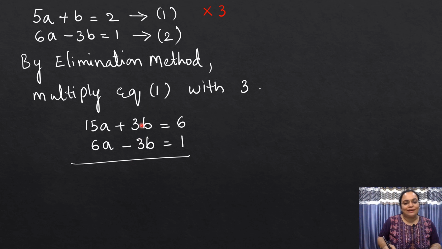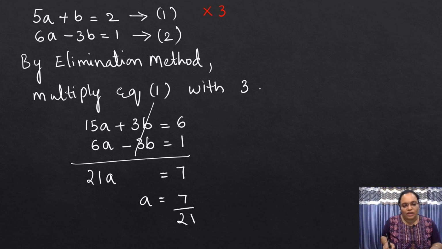So these two will get cancelled. This will be 21a is equals to 7. a is equals to 7 by 21, which is a is equals to 1 by 3.